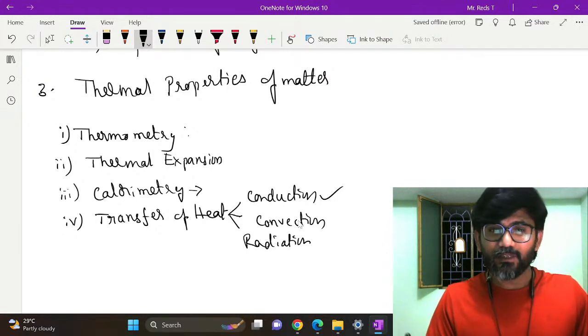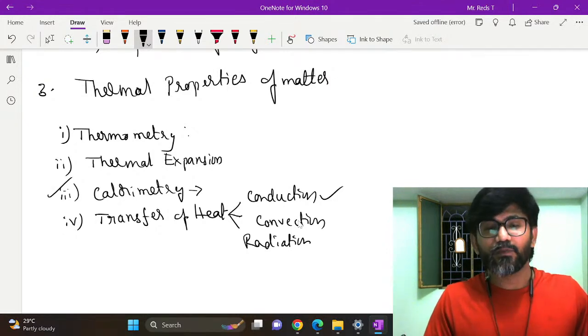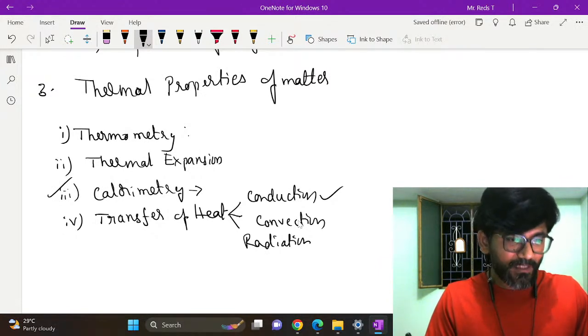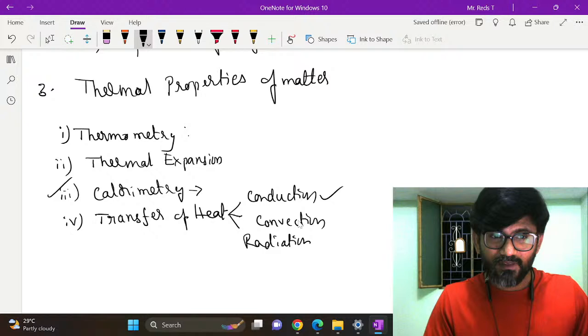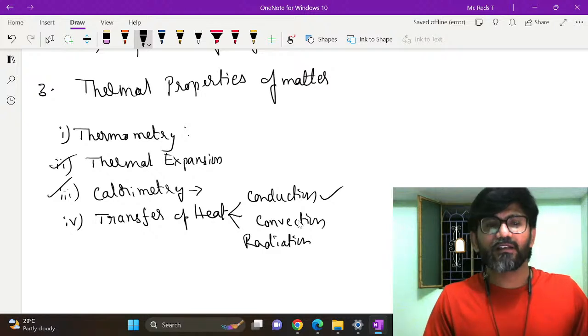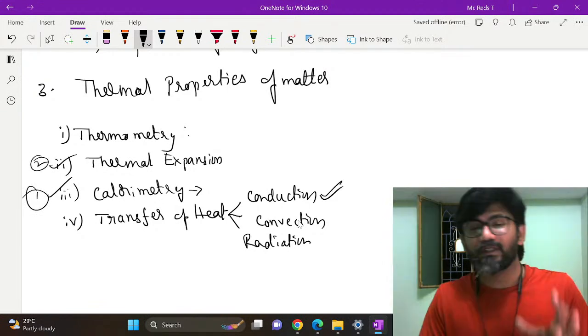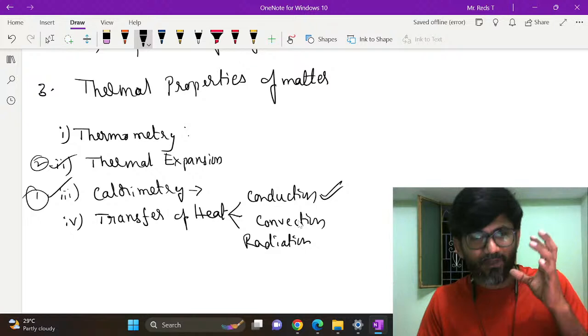Overall, calorimetry is a little more important out of all this. Then thermal expansion. You can give the first weightage to this, and the second weightage to questions based on this. If you remember, you can also answer a few direct numericals.